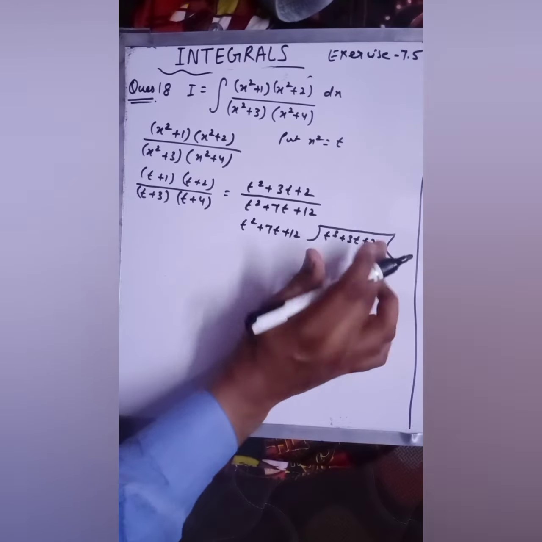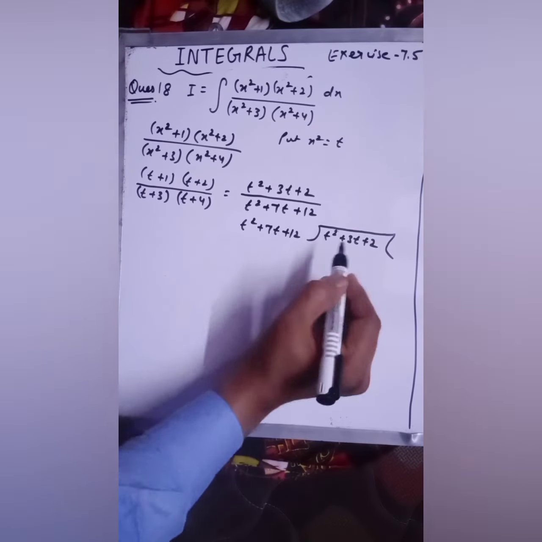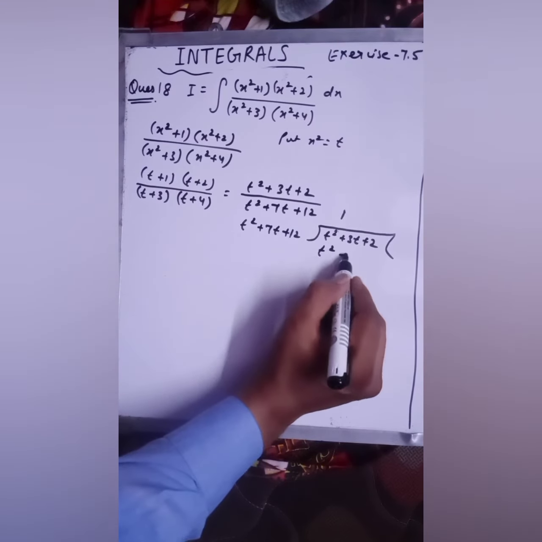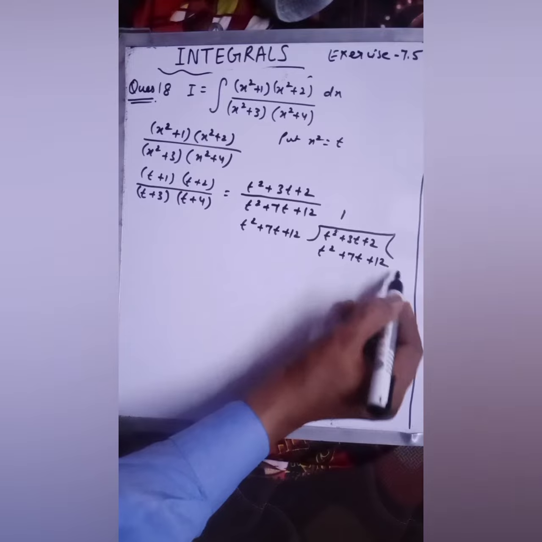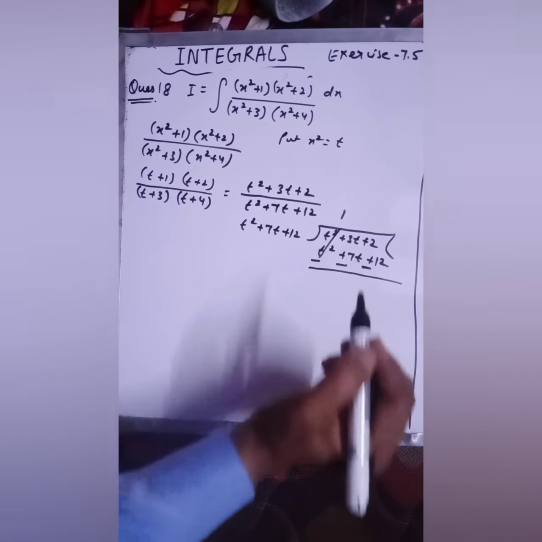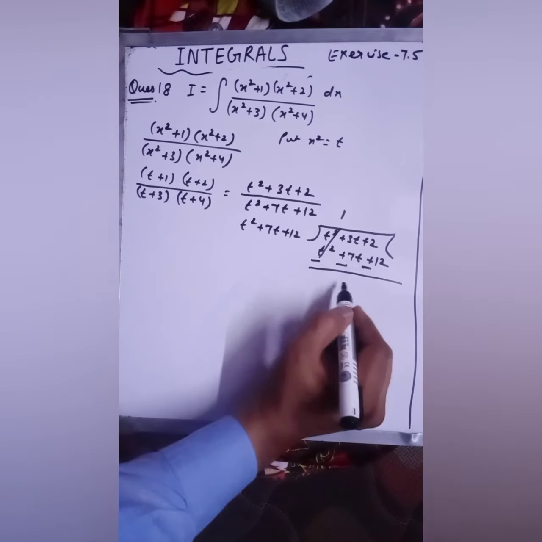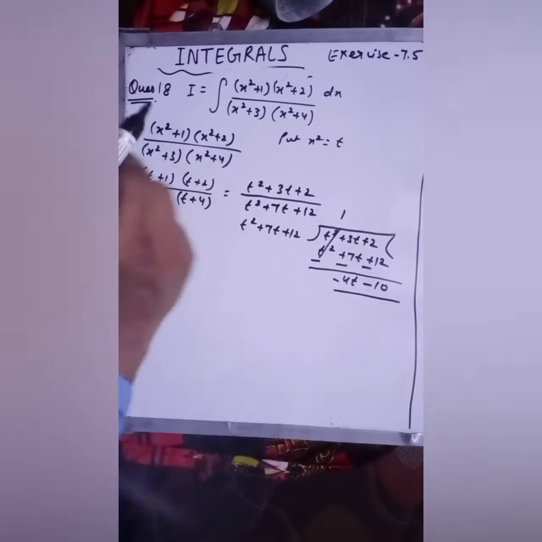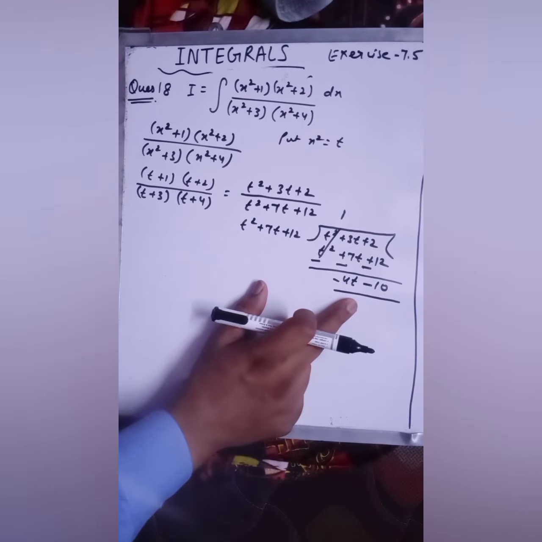Now when you will divide, this is actually t square, so I'm multiplying this by 1. So you will get t square plus 7t plus 12. You have to change the sign. This term and this term will cancel out. And here you will get 4t minus 10. So this is your remainder.